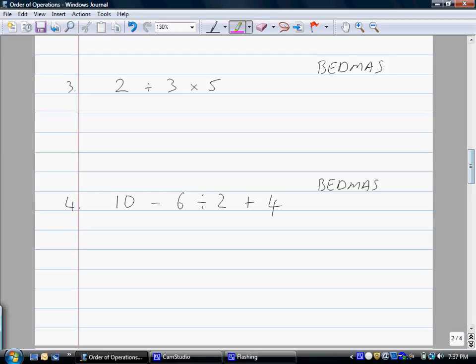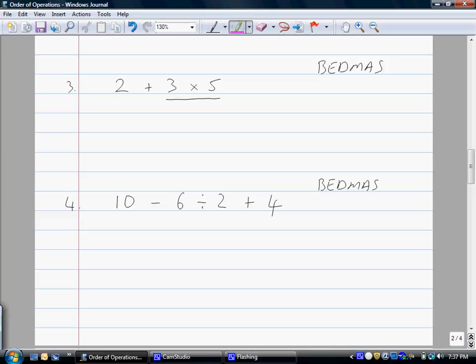We have the third example. Now we have an addition and a multiplication here. So going through BEDMAS, we have an M for multiplication and A for addition. Now this is where the order matters, because division and multiplication is a group, but they always come before addition and subtraction. So here we have to do the multiplication first. So I'll underline the multiplication.